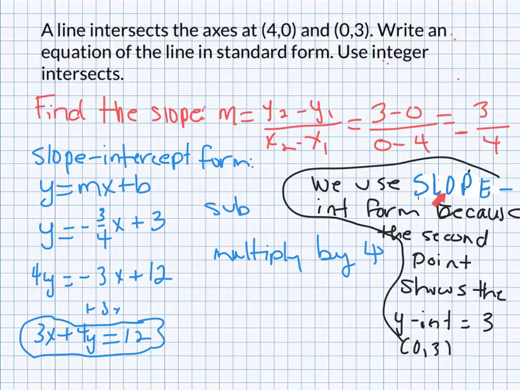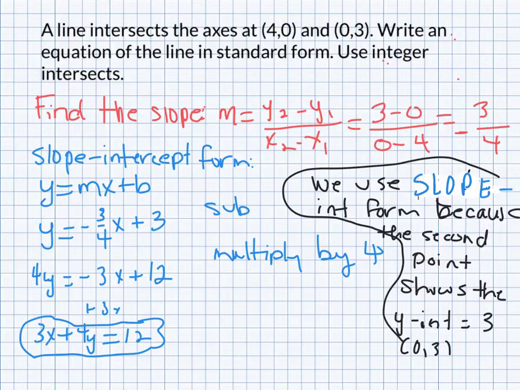Then I'm going to put it in slope-intercept form. I made a note here, we use slope-intercept form because the second point shows the y-intercept equals 3. Before, we were using the point-slope form because we had a point and a slope.